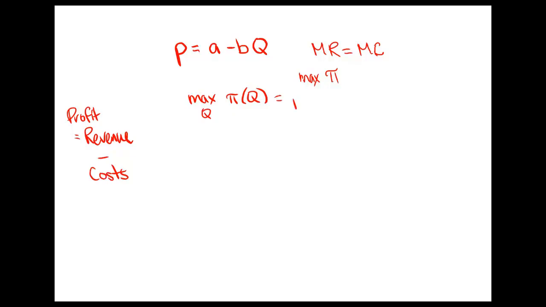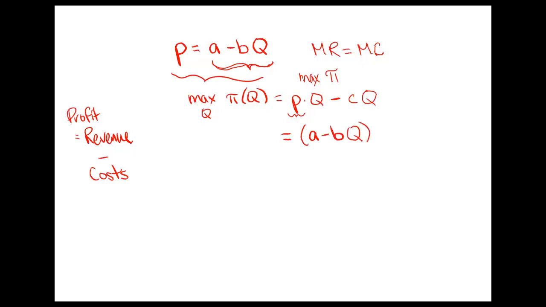So we could write that, price times quantity minus, and we'll have the marginal cost times quantity. Okay, so we're going to substitute in the inverse demand function for price here. So we're going to take that from this equation. So we'll replace P with A minus BQ, and then we have times Q minus CQ.